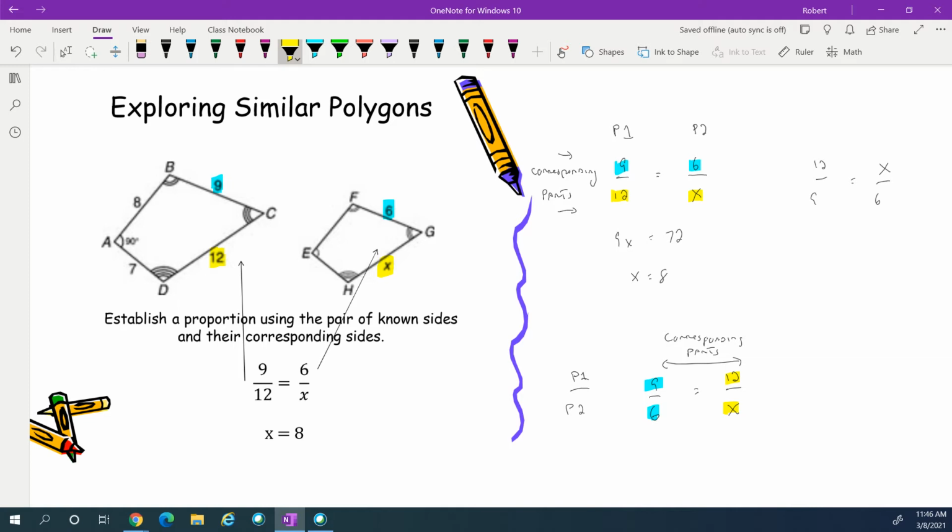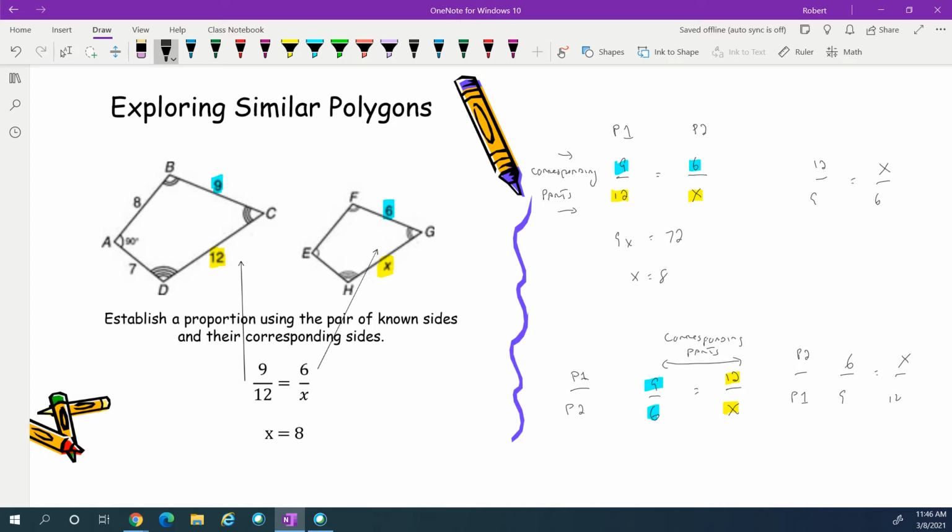And of course, we can flip both of these. 6 over 9, x over 12, doing polygon 2 over polygon 1. So that's 4 different ways to set up the same proportion, and we get the exact same results.